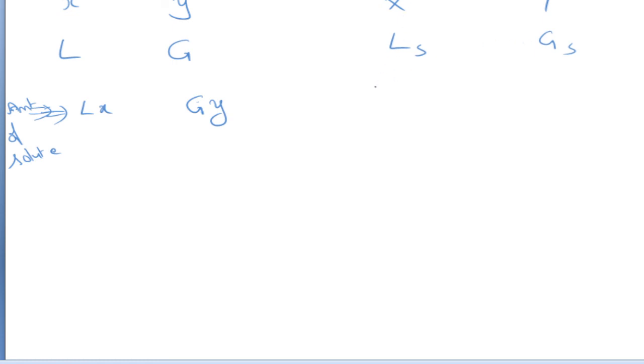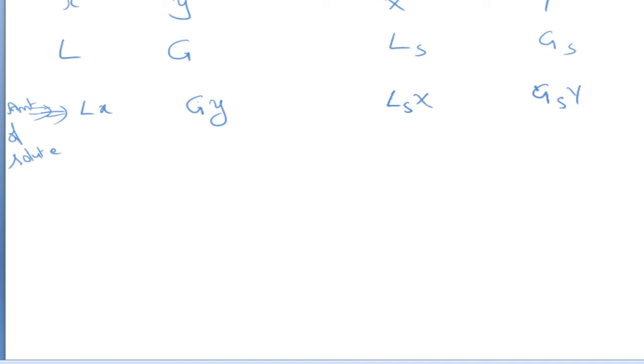So you can now calculate the amount of solute present in the mixture like this: Ls multiplied by capital X. Similarly, the amount of solute present in the gaseous mixture is Gs multiplied by capital Y. Why?